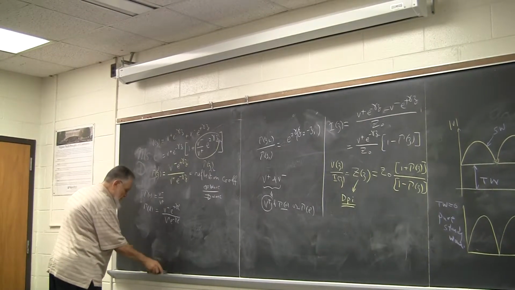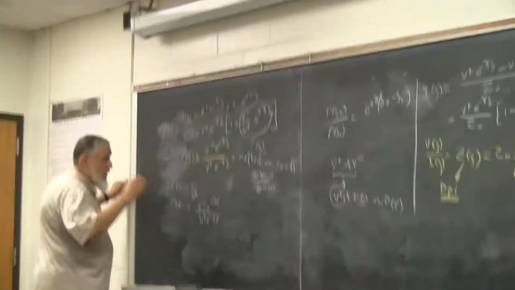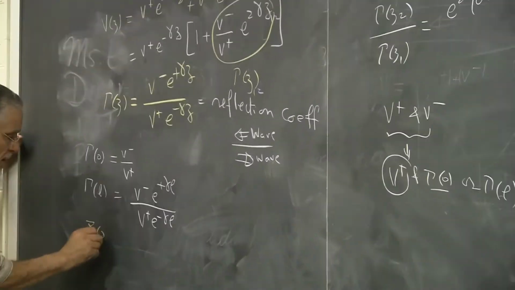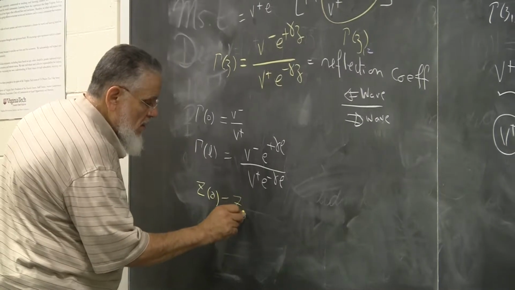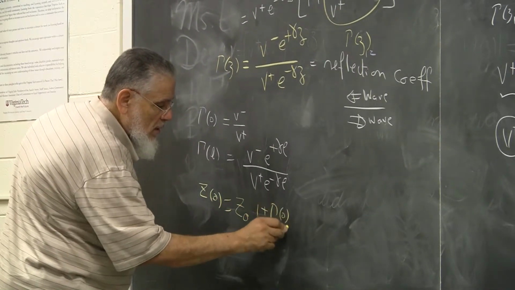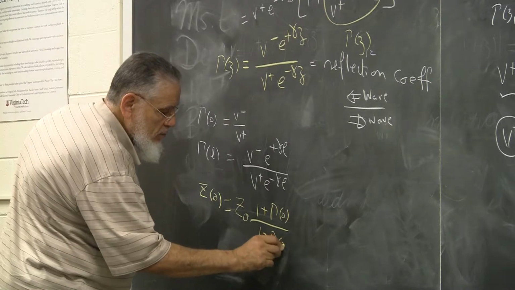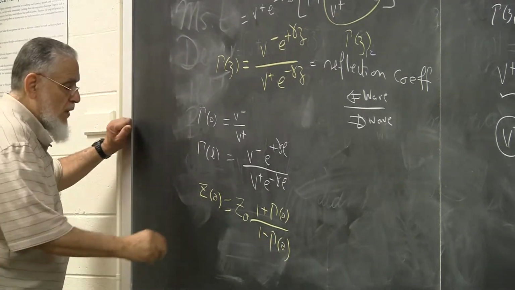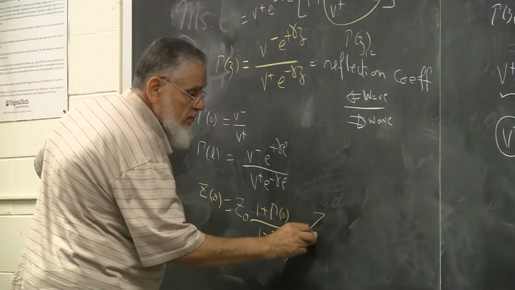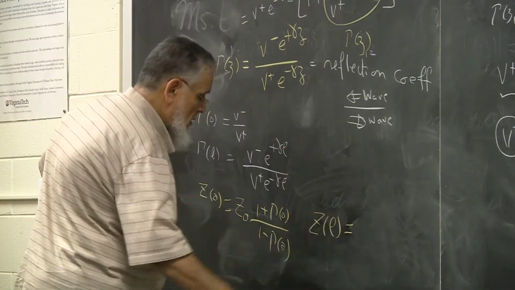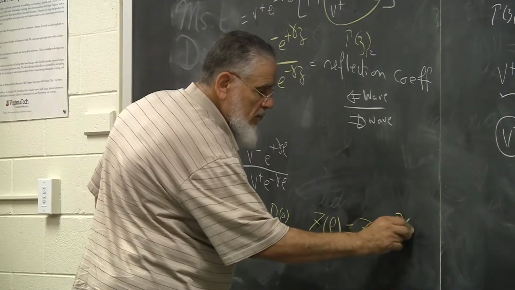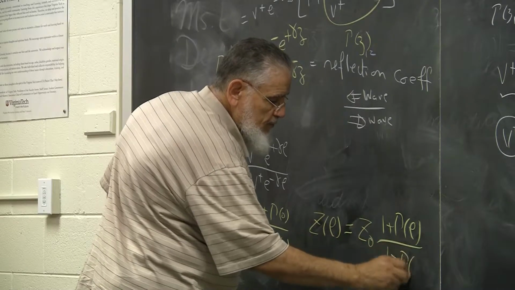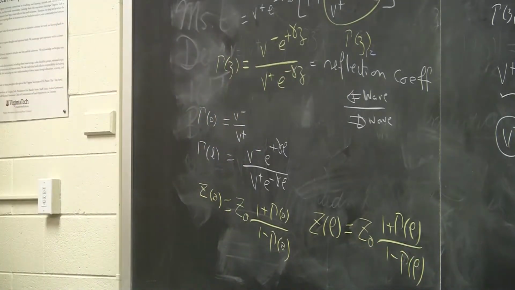So here I add this relationship to the kind of relationships we had. So Z of 0 is equal to what? Z naught times 1 plus gamma of 0 over 1 minus gamma of 0. And Z of L, I'm going to write it here, is equal to Z naught times 1 plus gamma of L over 1 minus gamma of L. Trying to get familiar with this gamma thing, right?